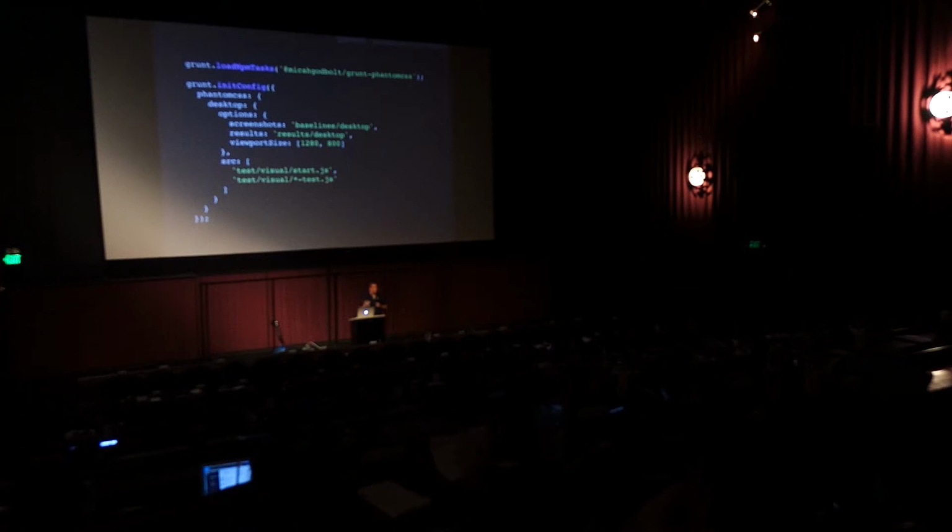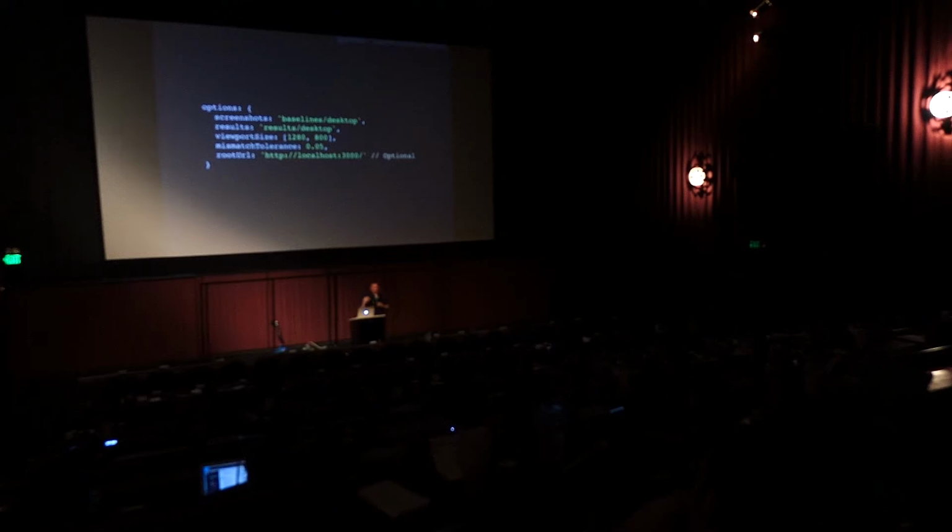You'll notice that we start with a start.js file and then go to a wildcard file that basically just runs through the rest of them. The reason we start with a start.js file is because Casper needs to start. So you call casper.start, which spins up the browser and everything, and then you can run through the rest of your tests alphabetically.